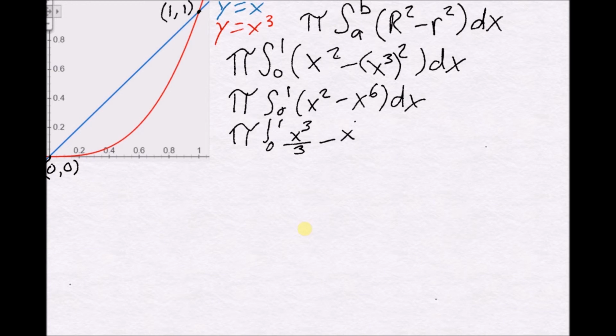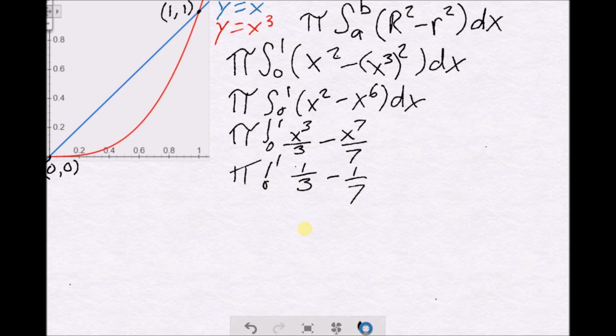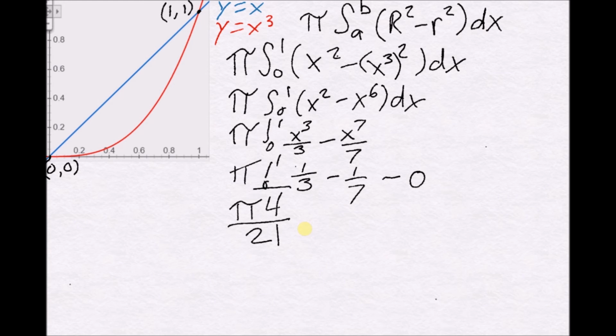And then when we plug in our limits of integration, we're going to get pi times 1 over 3 minus 1 over 7. Then when simplified, we'll get pi times 4 over 21. So our final answer is going to be 4 pi over 21.